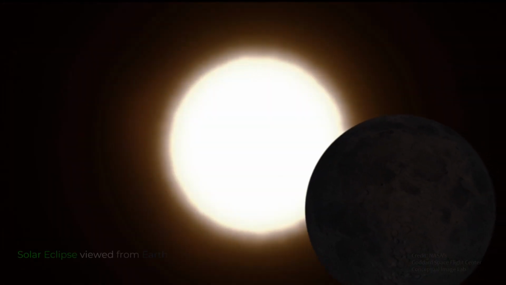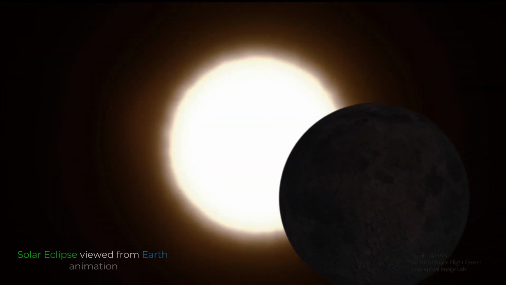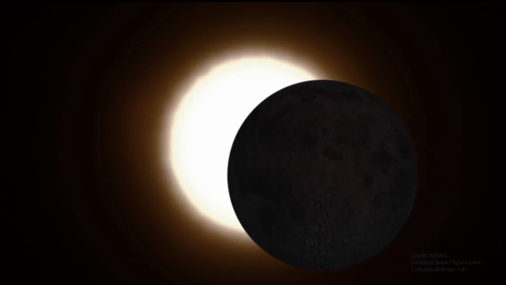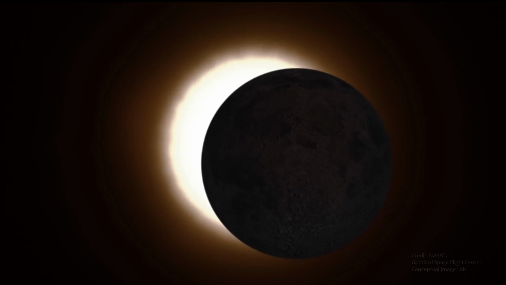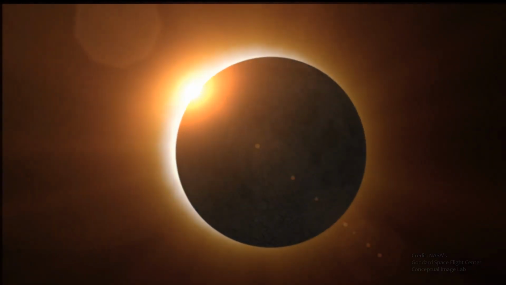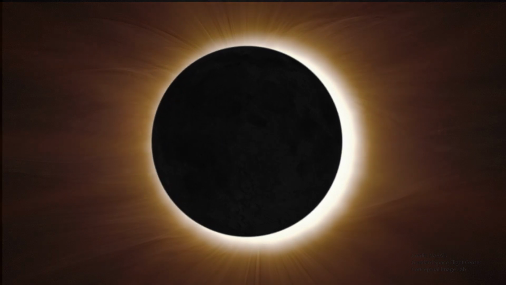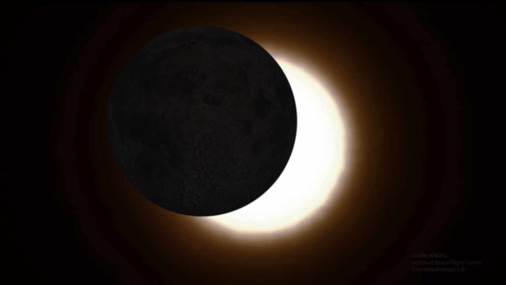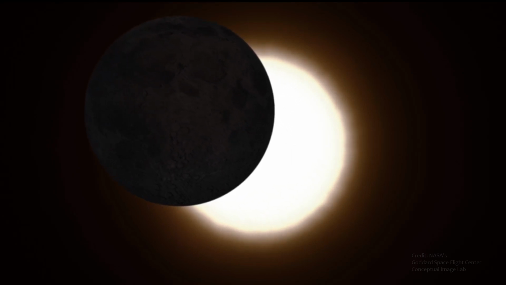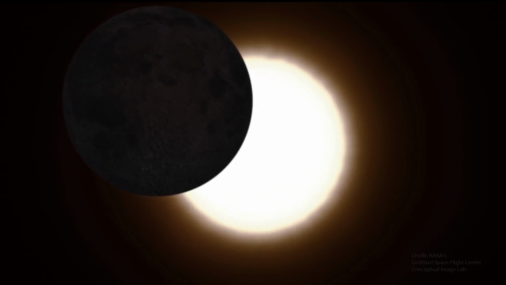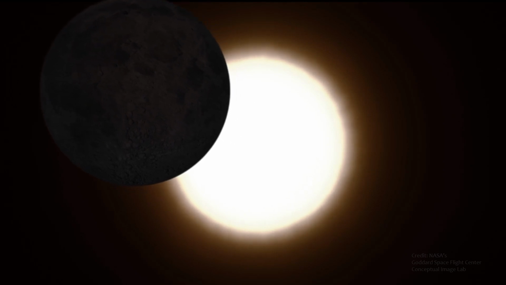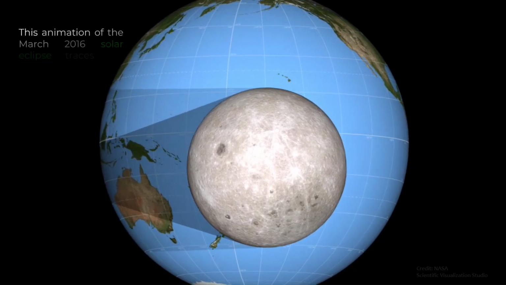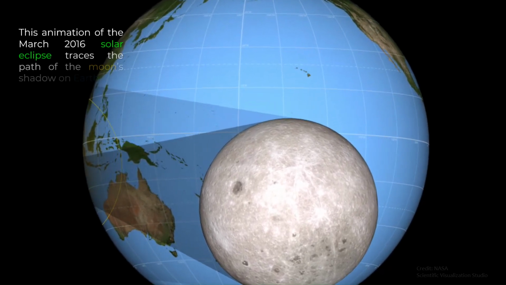Solar eclipse viewed from Earth animation. This animation of the March 2016 solar eclipse traces the path of the Moon's shadow on Earth.